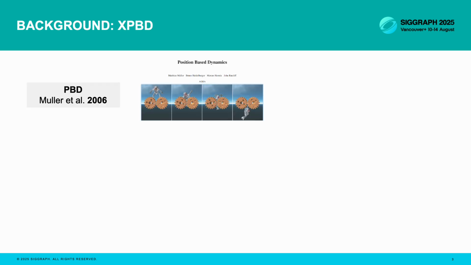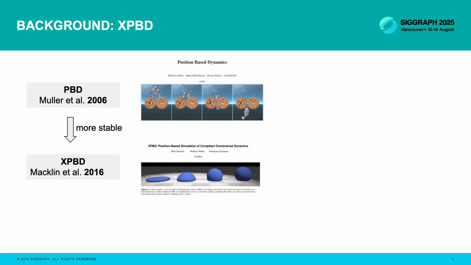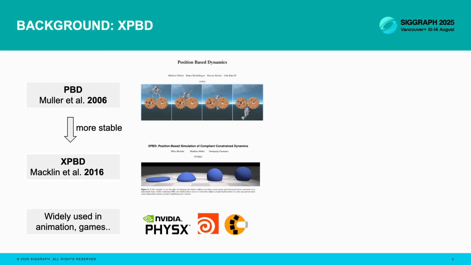Traditional approaches include PBD, position-based dynamics, and extended PBD or XPBD. XPBD is widely adopted in physics engines like PhysX, Houdini Vellum, and Bullet. It has three advantages. First, universality.